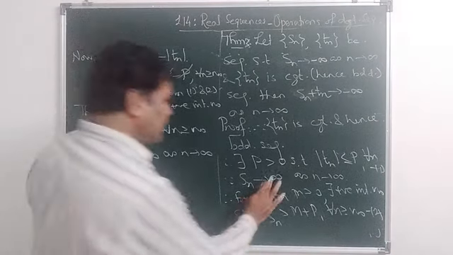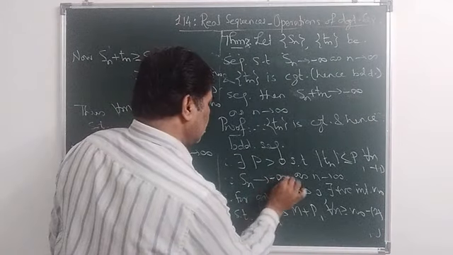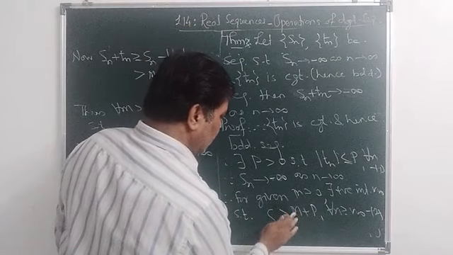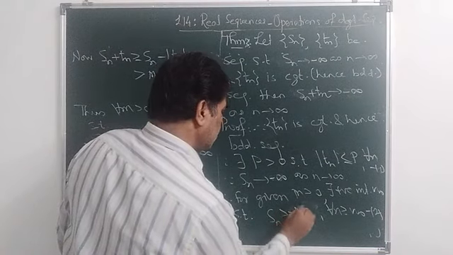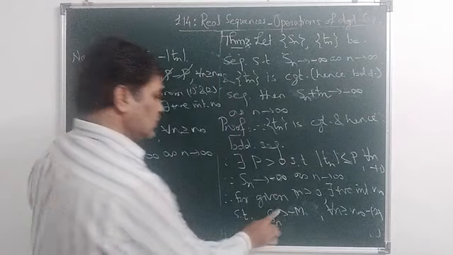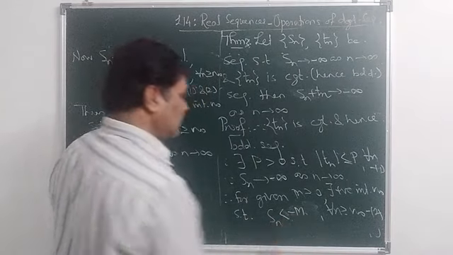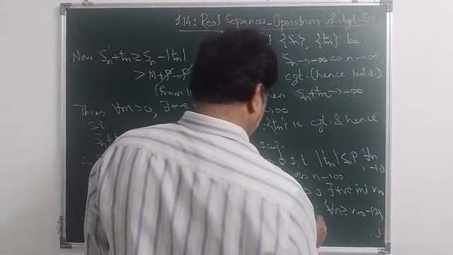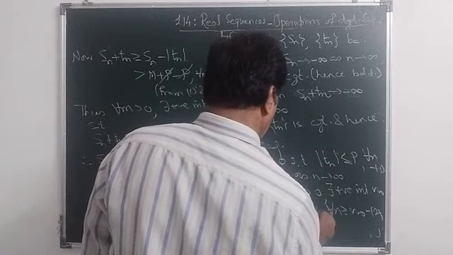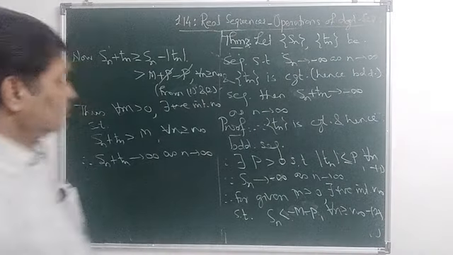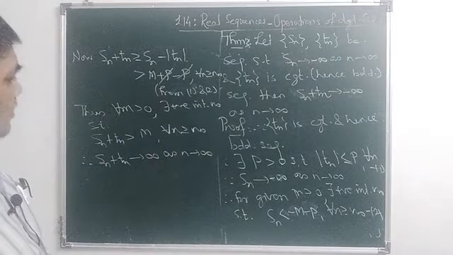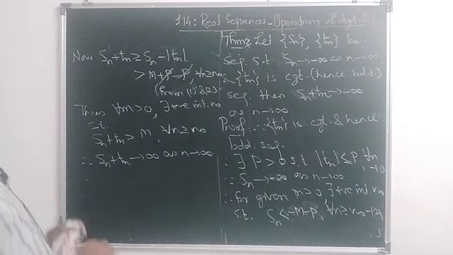So Sn goes to minus infinity, we'll get Sn to be less than minus m minus p. Is it clear? Then Sn plus Tn.